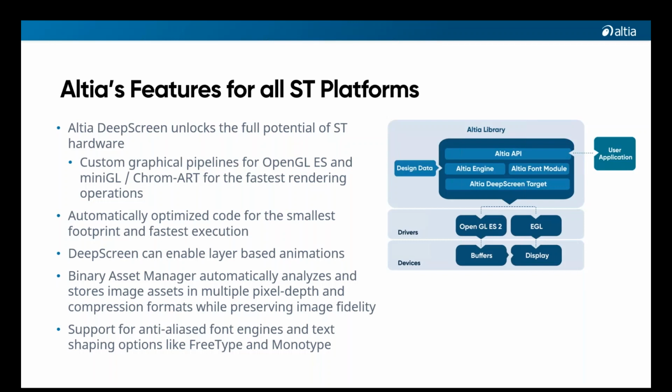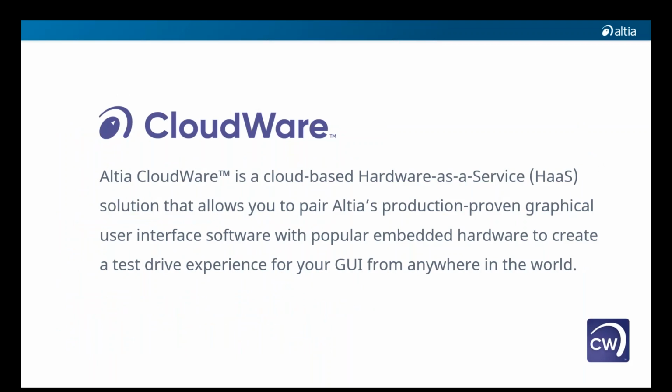DeepScreen itself can enable layer-based animations, which further offload the CPU onto the GPU. And then our binary asset manager can encode your graphics in formats that allow GPU decompression without any CPU overhead. And lastly, we have support for anti-aliased font engines and text shaping options like FreeType and Monotype.